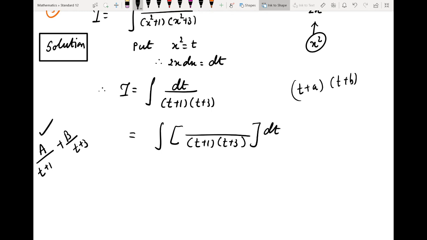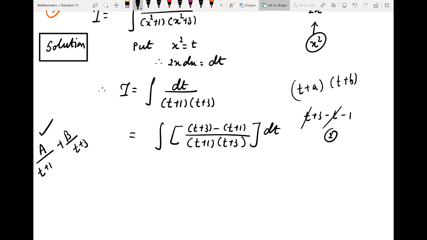The original method is this one, in which you have to obtain the unknowns a and b, but now we can arrange the numerator with the help of the denominator. Check this step: t plus 3 minus t plus 1. So t plus 3 minus t minus 1, 3 minus 1 is 2.